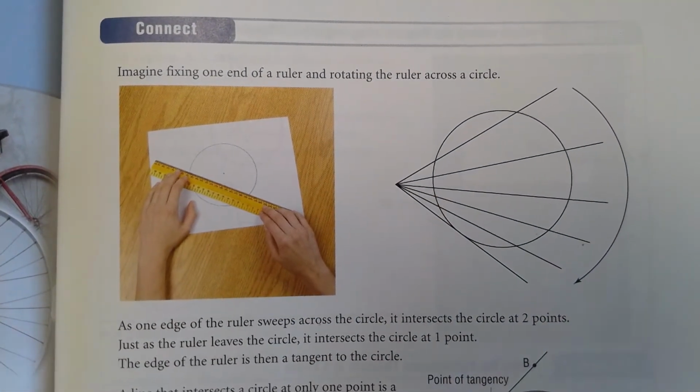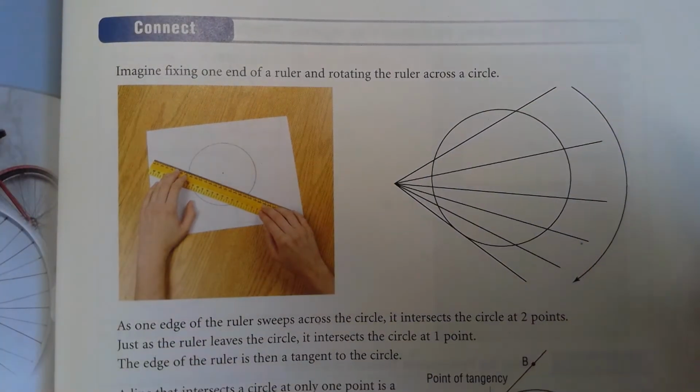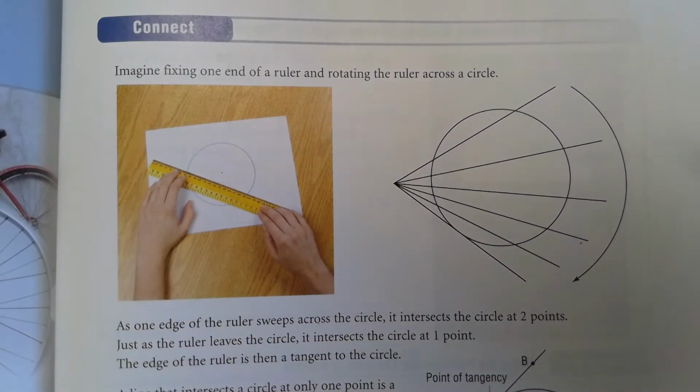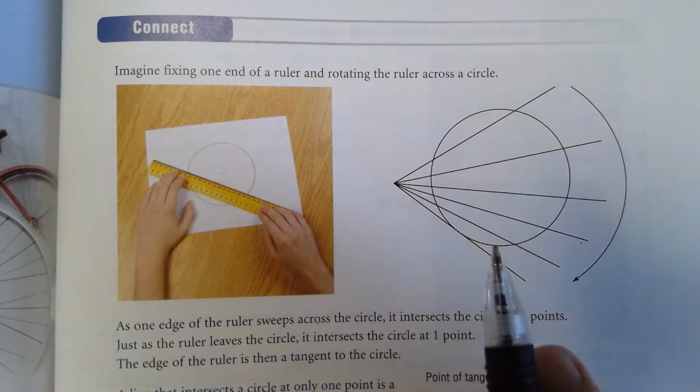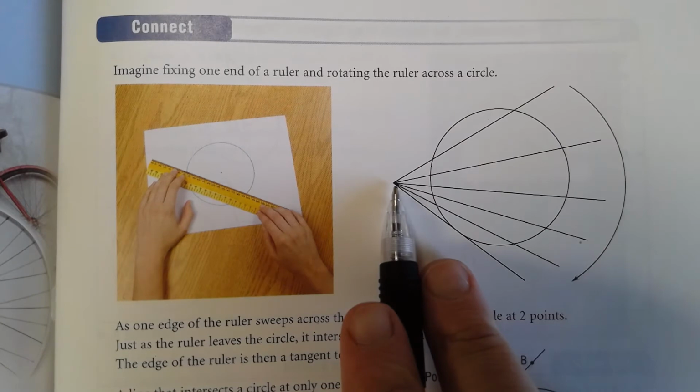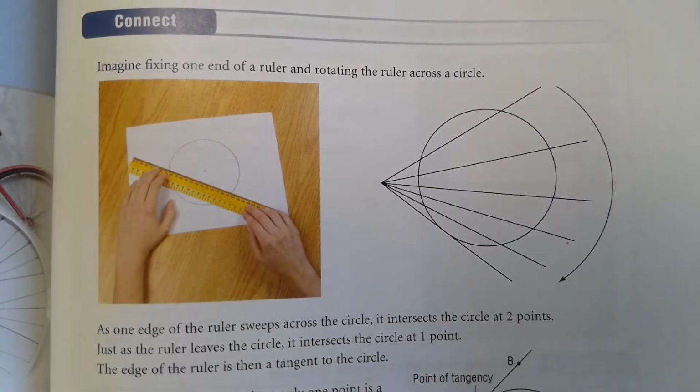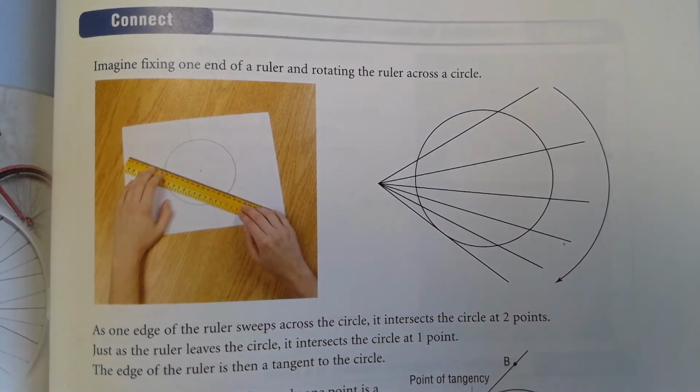And here's another example of tangents. Imagine fixing one end of a ruler and rotating the ruler across a circle. Then you would make multiple lines like this. And then where the lines meet here, outside the circle like that.